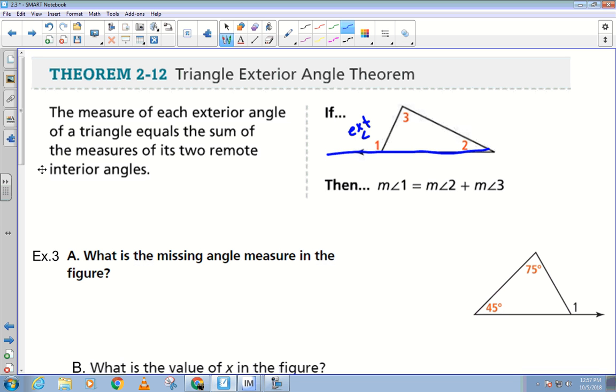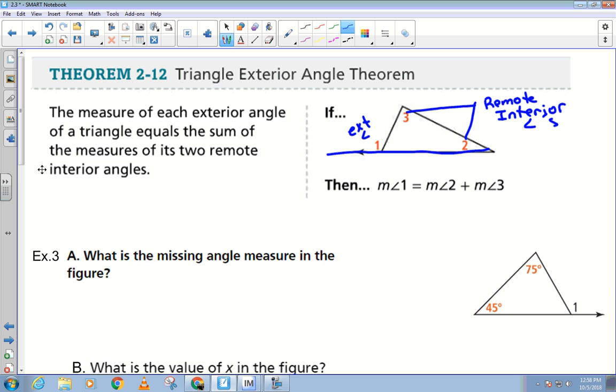So remote means away from this exterior angle. All right, so these 2 are the remote interior angles. Okay, this theorem says that the exterior angle 1 is equal to the sum of the remote interior angles. All right.